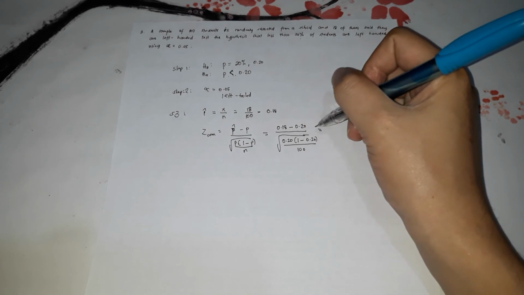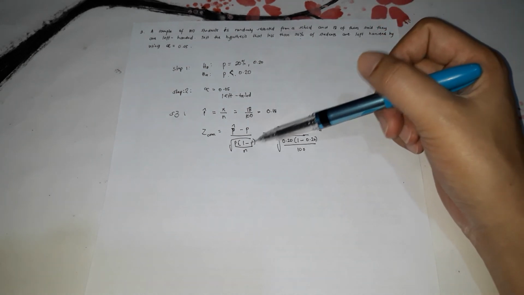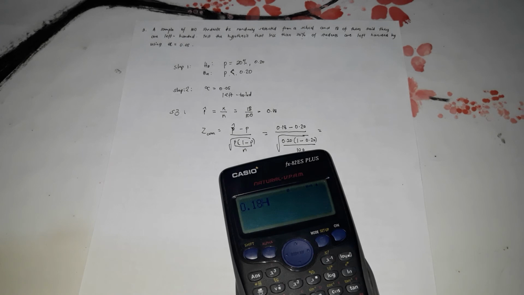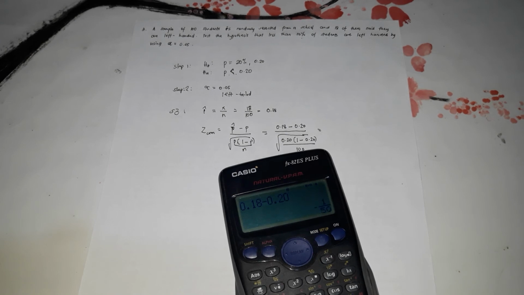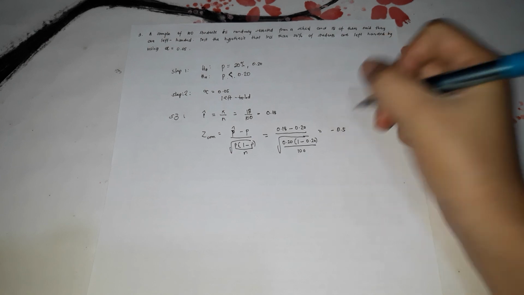So if you're going to notice, kapag left-tailed, the answer should be negative. So 0.18 minus 0.20 divided by square root of 0.20 times 1 minus 0.20 over 100. So the answer is negative 0.5. So negative 0.5 is the z computed.